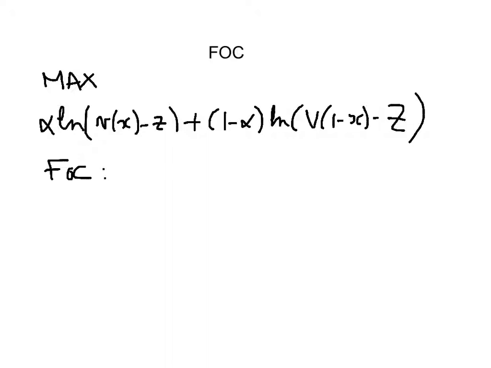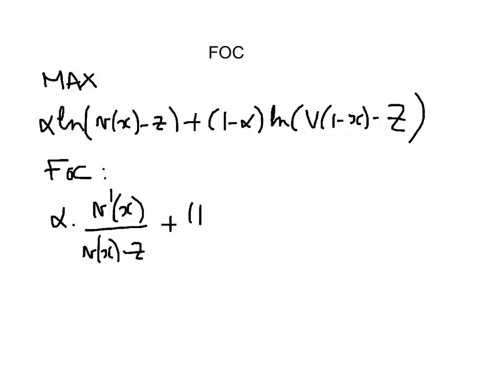So I'm getting alpha times v prime of x, z drops out, divided by v of x minus z, plus 1 minus alpha, V prime of 1 minus x times minus 1.